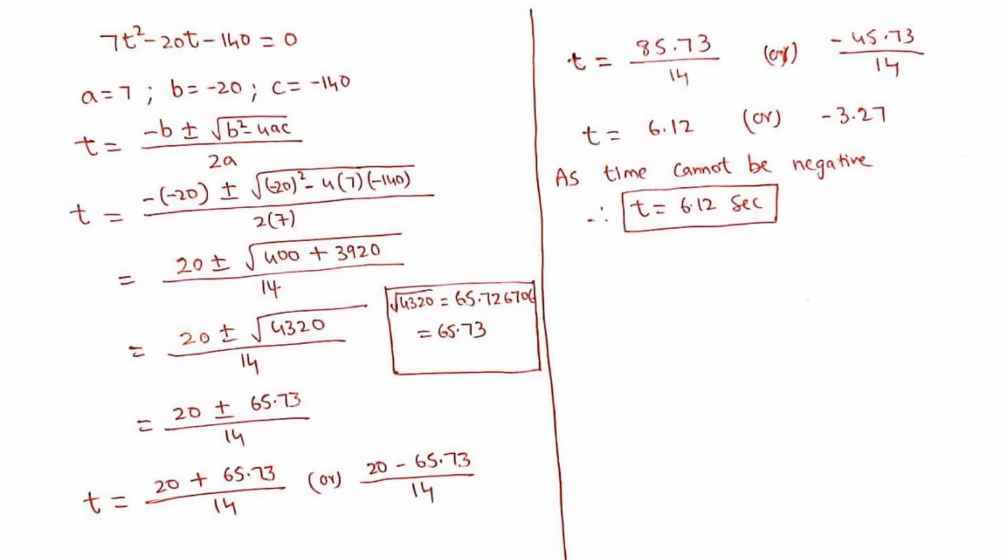And this is how we have factorized the equation 7t square minus 20t minus 140 is equal to 0. As this is a lengthy method to factorize, you can have one glance at how we have calculated and how we have found the value of t as 6.12 seconds.